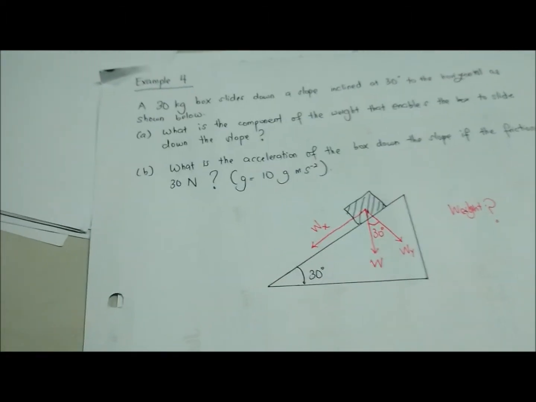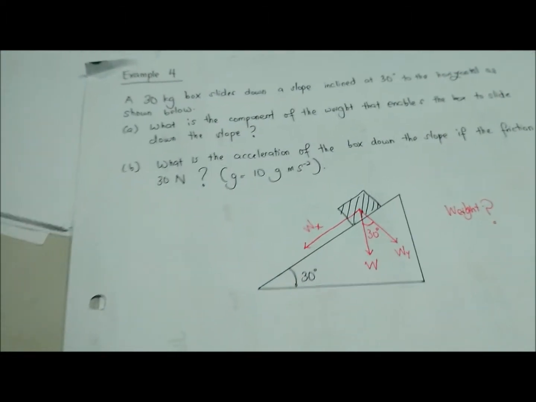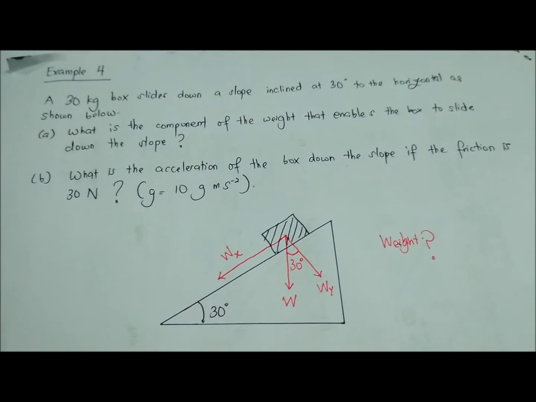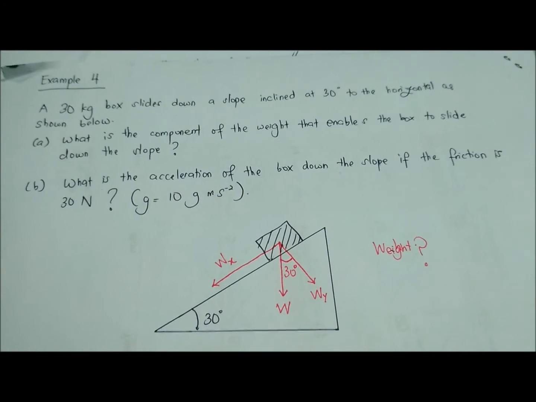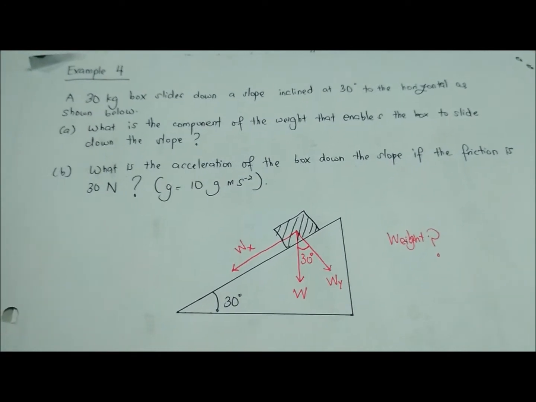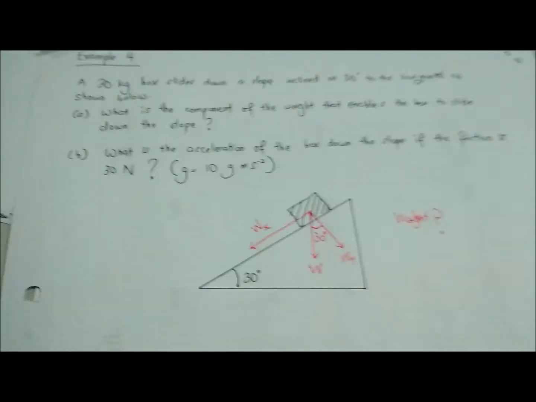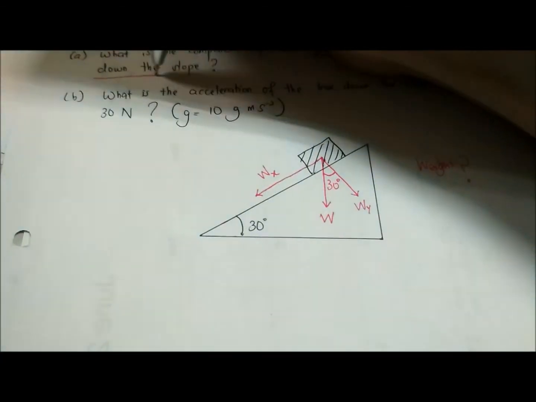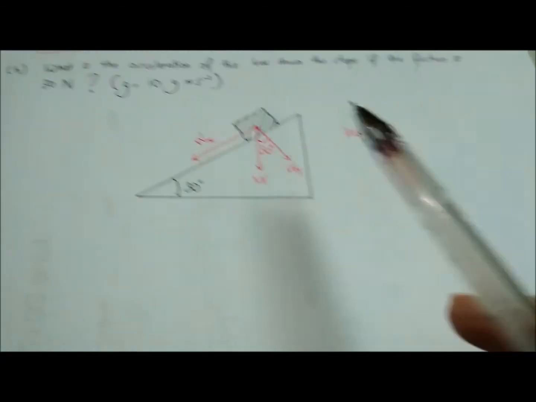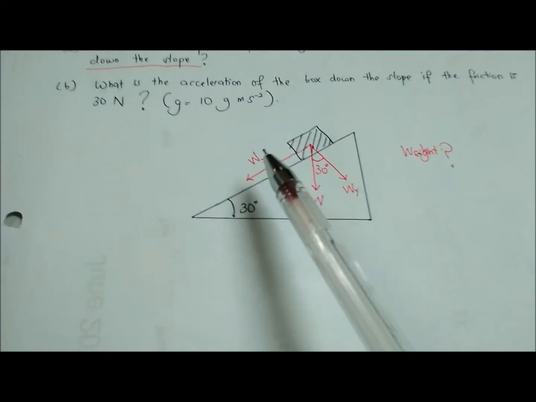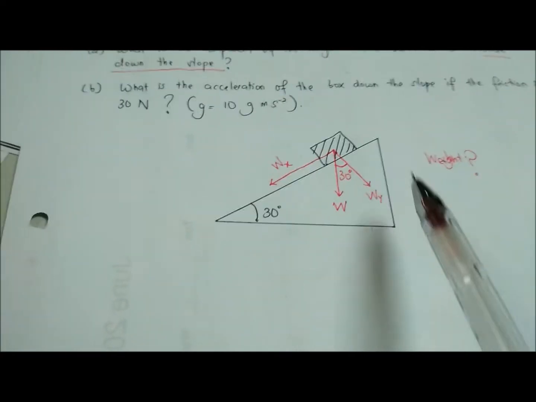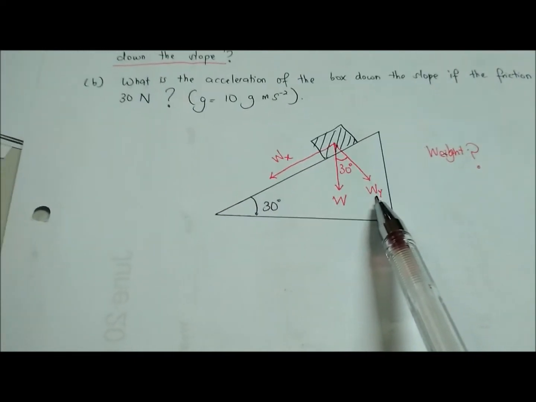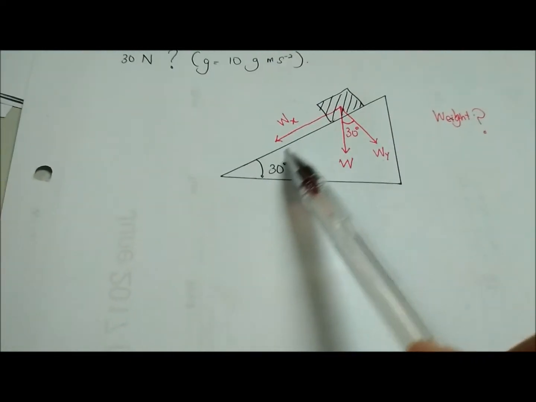So let's get back to question A. What is the component of the weight that enables the box to slide down the slope? The keyword here is slide down the slope. So between Wx and Wy, which component enables the box to slide down the slope?